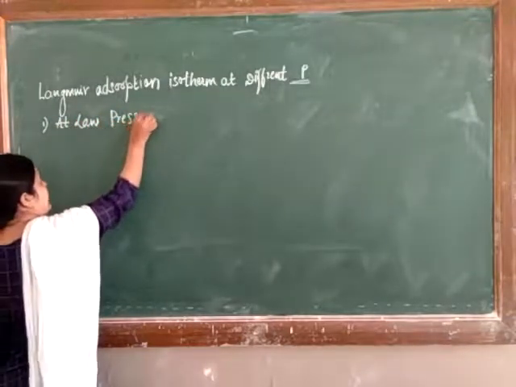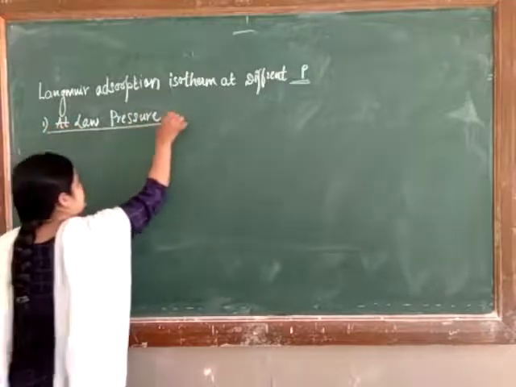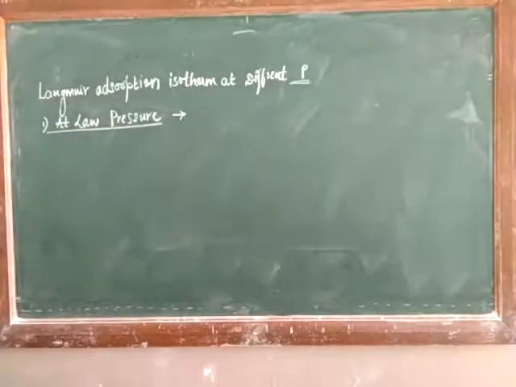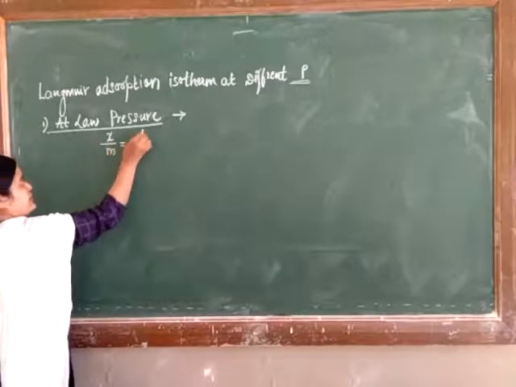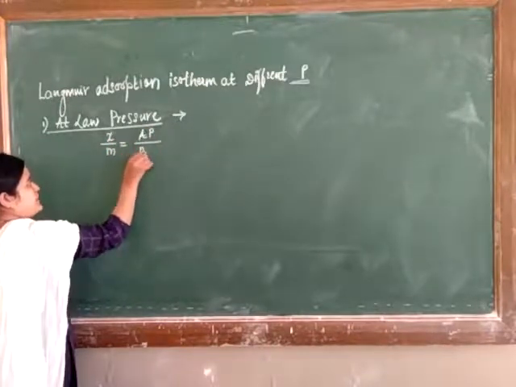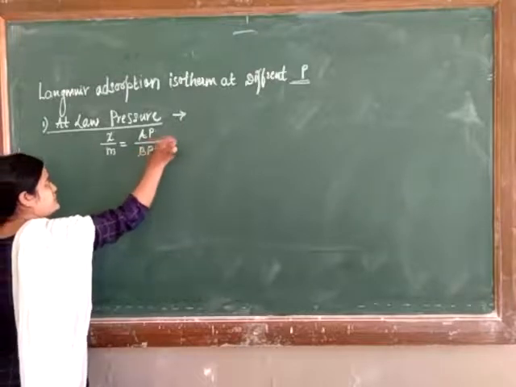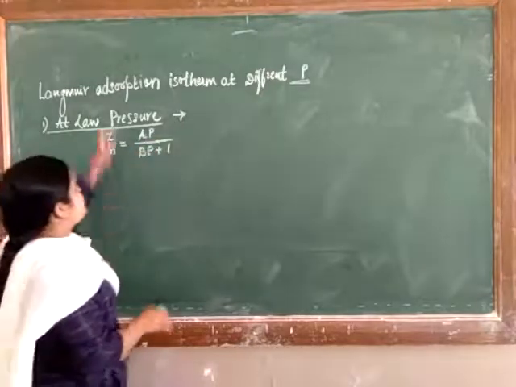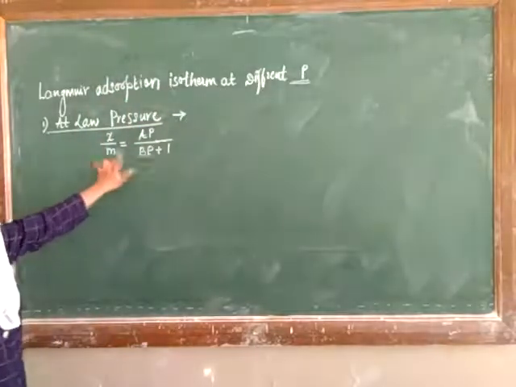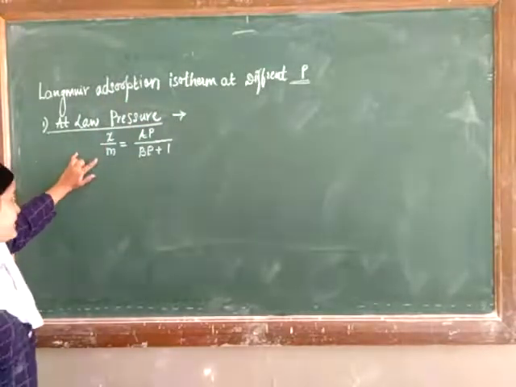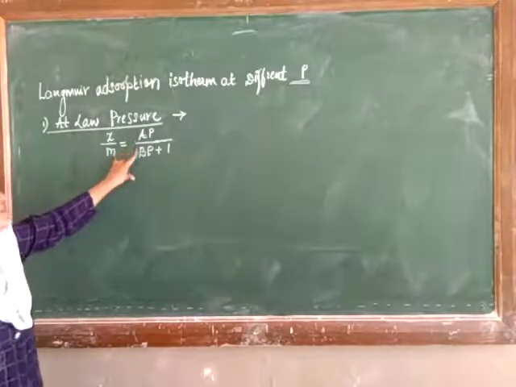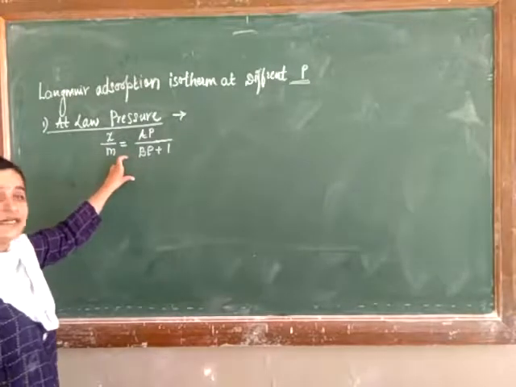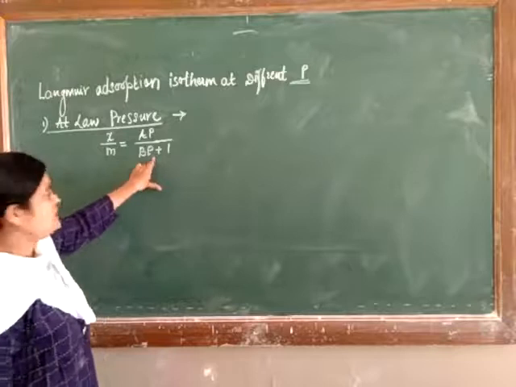We already know the equation of the linear adsorption isotherm: x/m = AP/(BP + 1). Here x/m is the amount of adsorption that takes place on the adsorbent, A and B are constants, which we already learned, and P is the pressure. This is our equation.